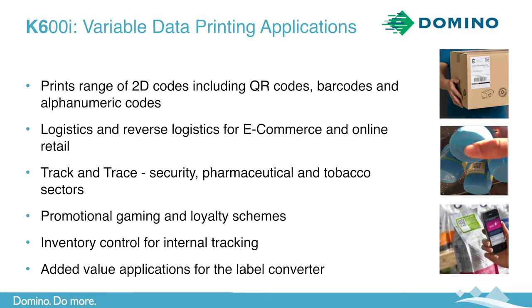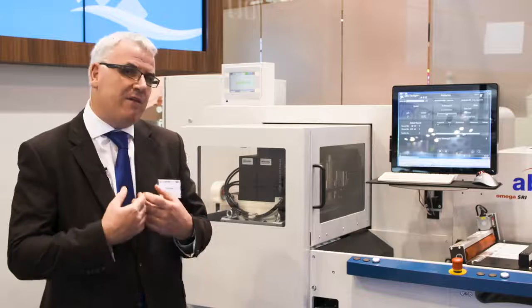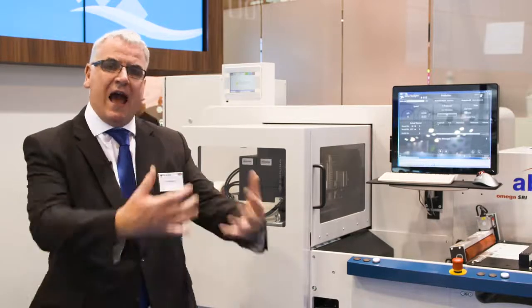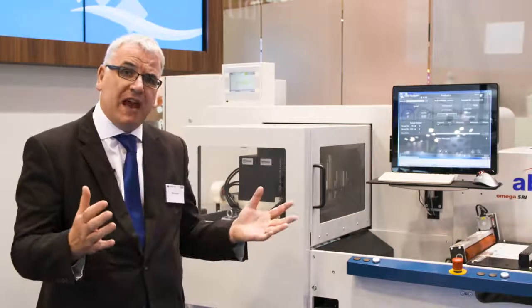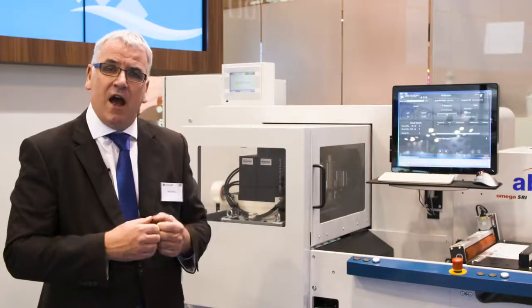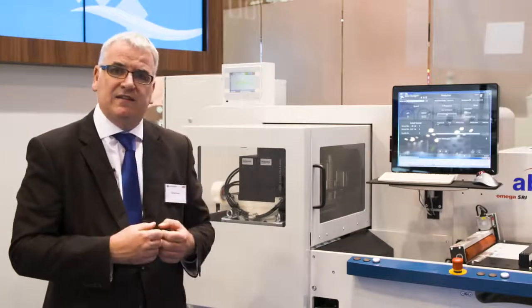This is where we want greater brand engagement with the consumer, forcing them to go to websites to find out if they've won the prize. It gives brands further access to consumer involvement. All of these applications represent great added value for the label converter, a unique capability they can offer their customers.